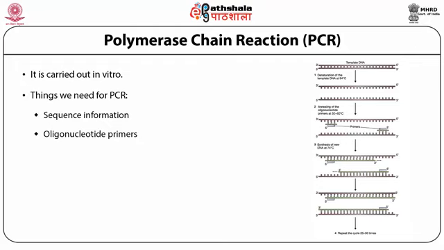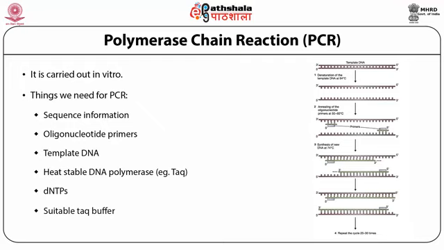Primers are small fragments of single-stranded DNA, comprising about 20 to 30 bases, and a template DNA onto which the polymerase chain reaction is performed to generate more copies of the same DNA. We need a heat-stable DNA polymerase, Taq polymerase, and also dNTPs, deoxynucleotide triphosphates, and suitable buffer.